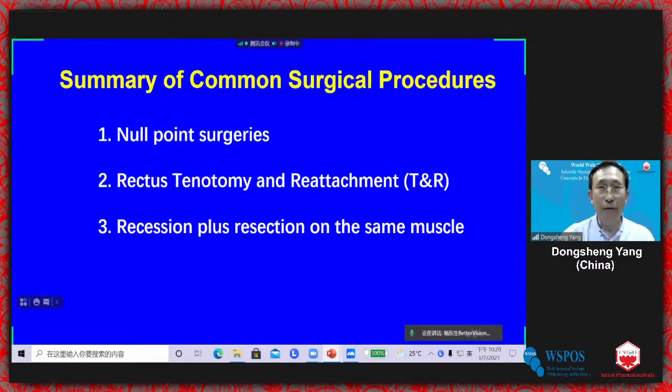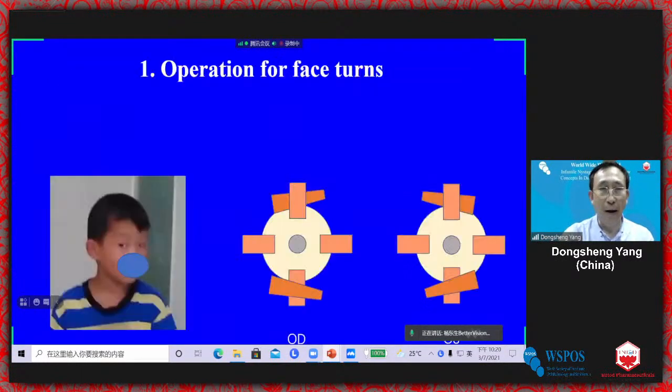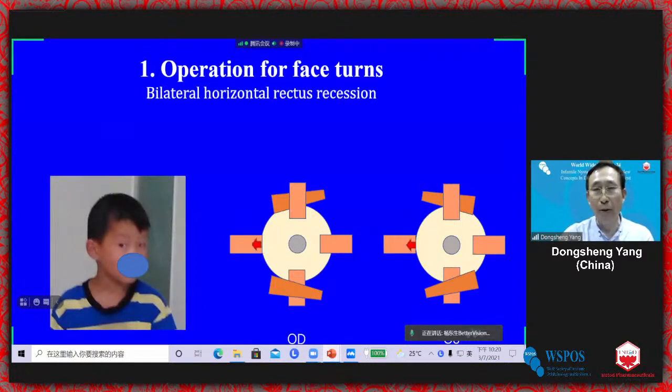So the first operation is for face turn. As you can see, this case has a left face turn. The right side shows the eye muscle, eyeball, right eye, left eye. So what you could do is one pair of the muscle recession, like we show.